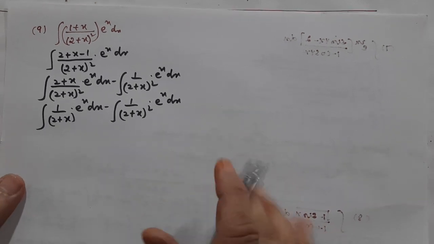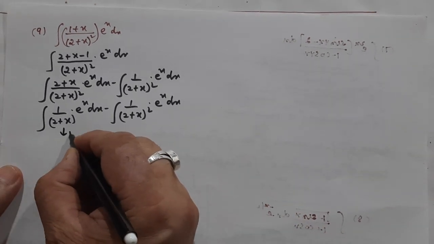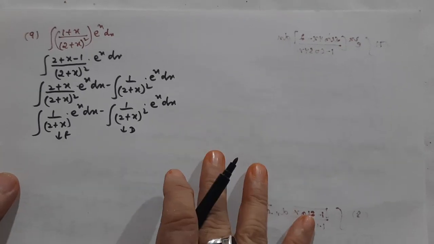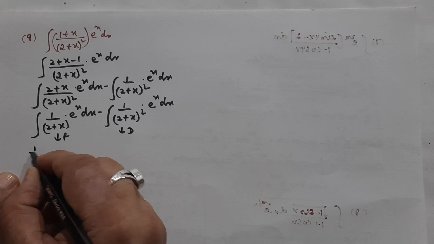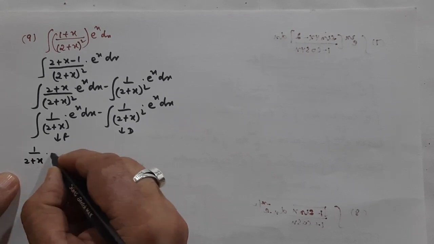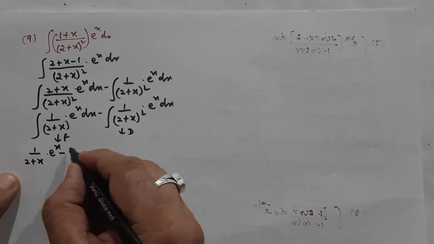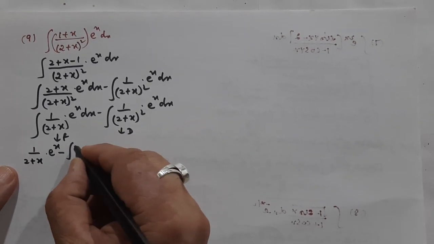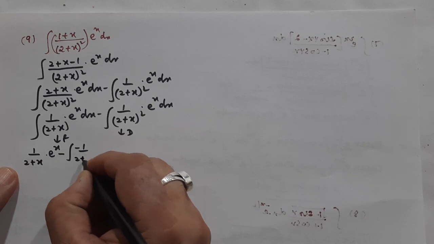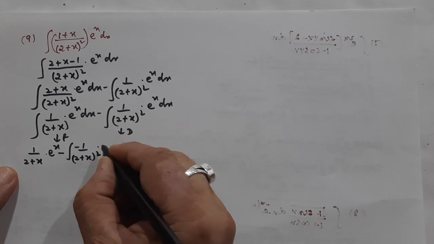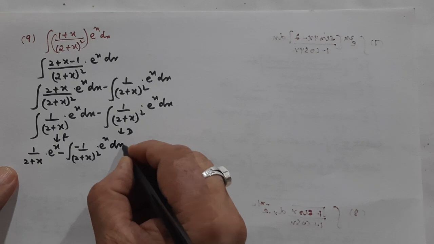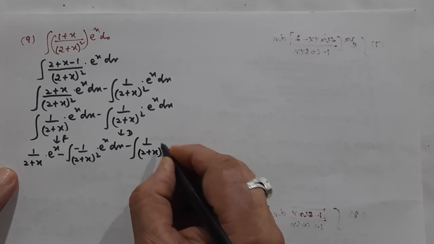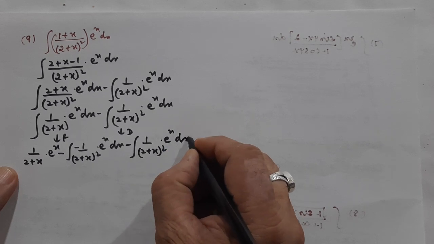Now this is the function, and its derivative is minus 1 upon 2 plus x whole square. So students, we use the formula over here: 1 upon 2 plus x as it is, its integral is e power x, minus the integral of the derivative of the first, minus 1 upon 2 plus x whole square into e power x dx, minus 1 upon 2 plus x whole square into e power x dx.